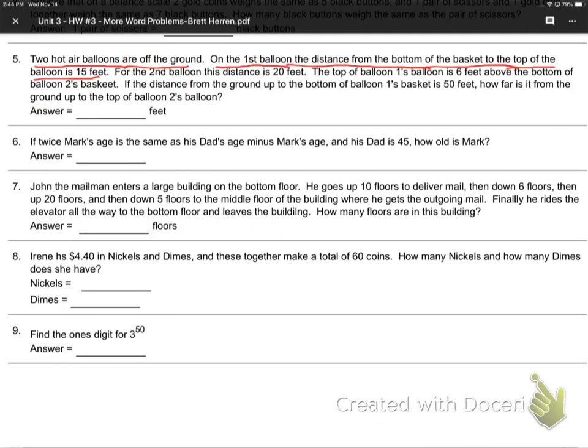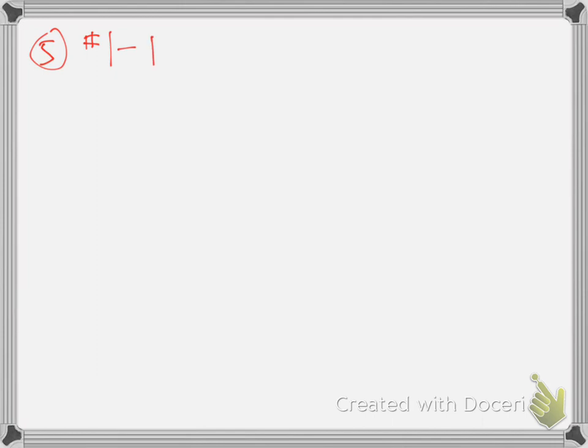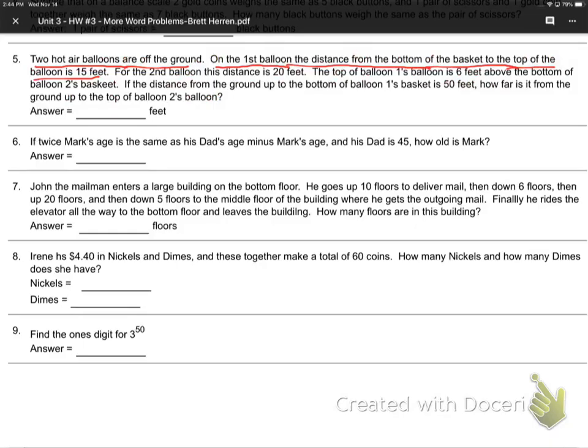Let me go do that real quick. So on problem number 5, balloon number 1, from the bottom of the basket to the top of the balloon is 15 feet.